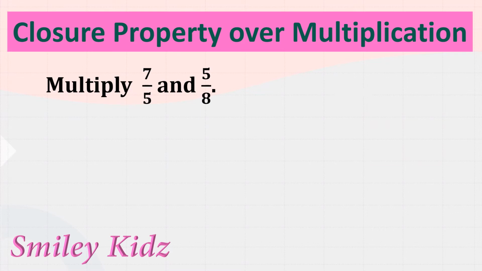Closure property over multiplication. Here is an example. Multiply 7 by 5 and 5 by 8. How to multiply any two rational numbers? It's simple, right?